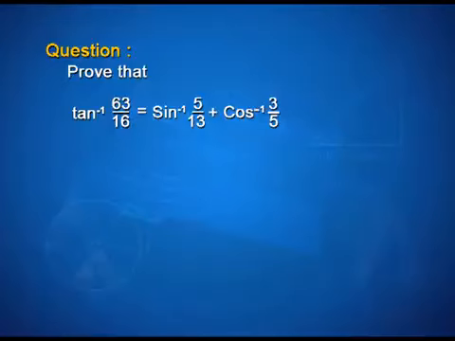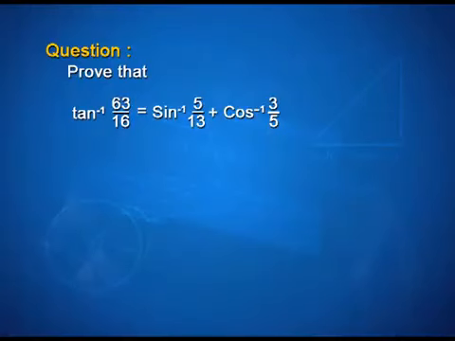Let us try another situation. The question says, prove that tan inverse 63 by 16 is equal to sin inverse 5 by 13 plus cos inverse of 3 by 5. Now, what do you see different in this problem, keeping in mind our first question that we did today?